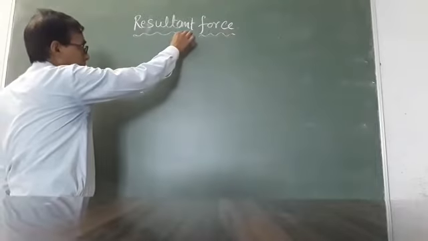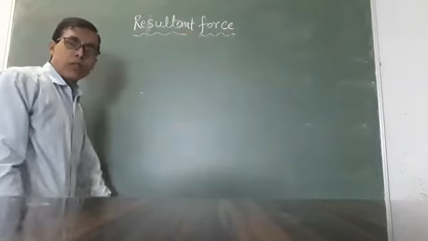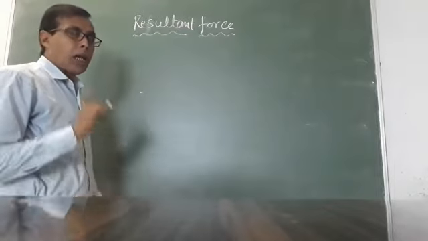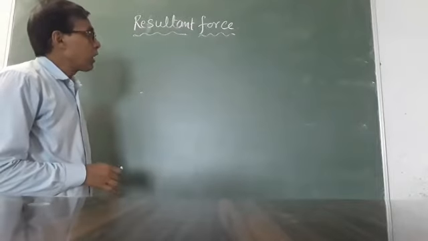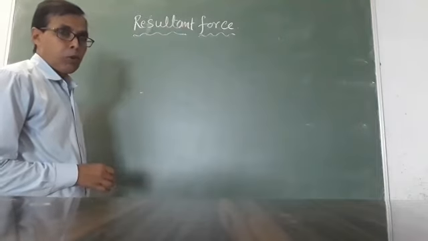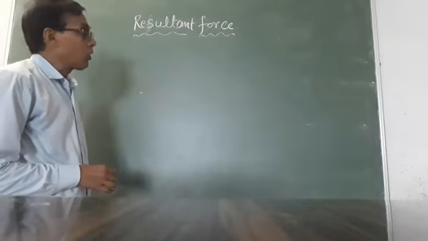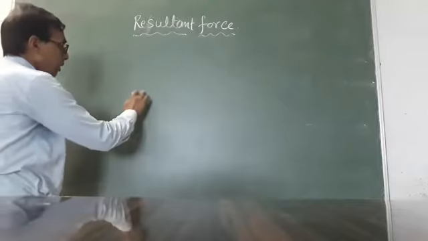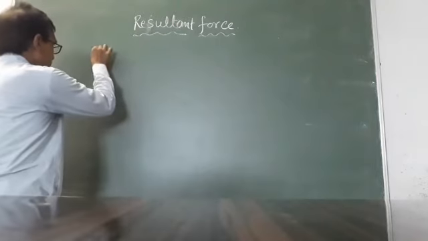Resultant force of number of forces acting on a body is a single force which produces the same effect as produced by all individual forces. Here we can show the three cases.